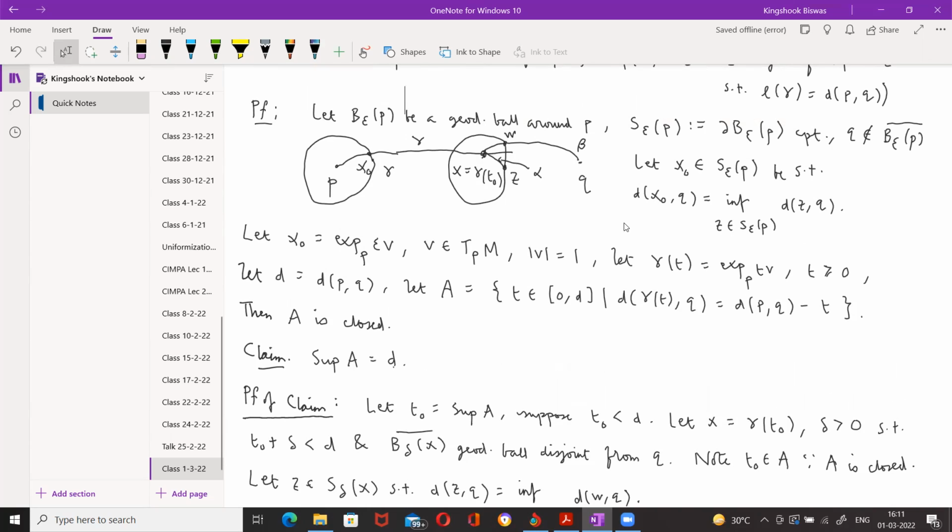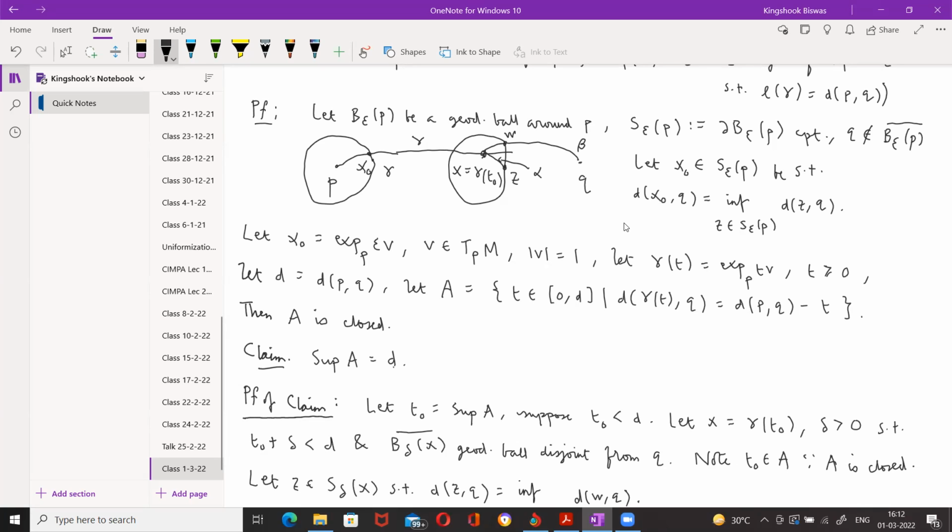So for that, what I will show is that this is length minimizing. Let me look at the distance from P to Z, right? The distance from P to Z is at most the length of this, T naught, which is less than or equal to T naught plus delta.